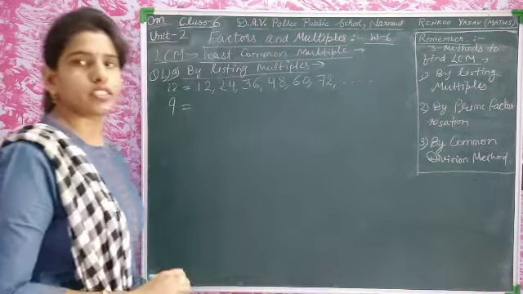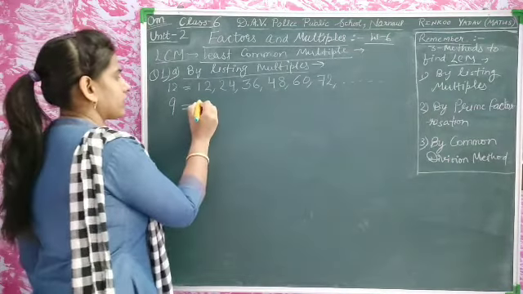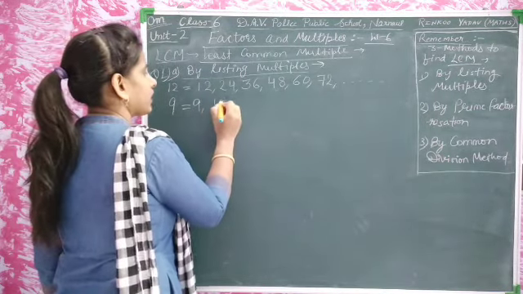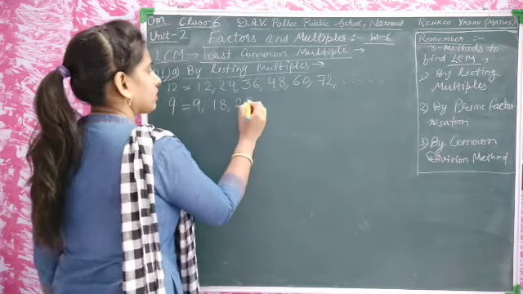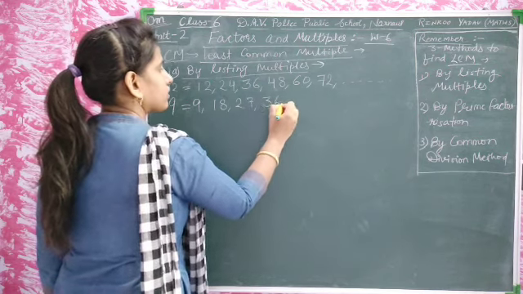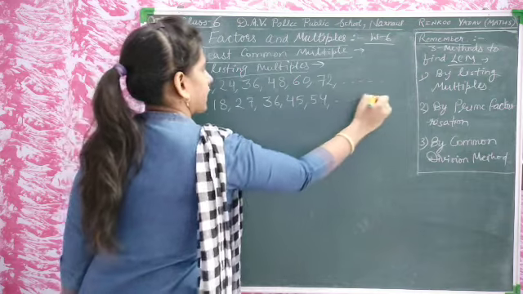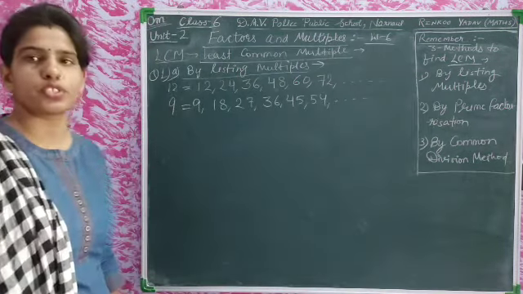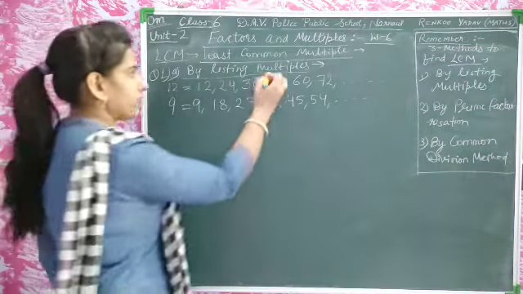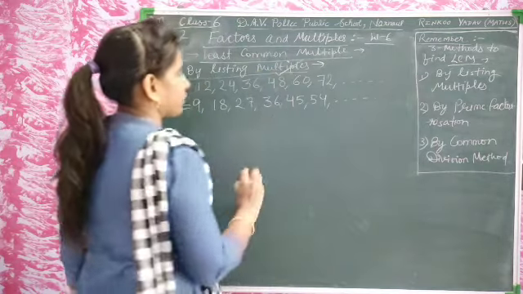Is this clear, students? Now we write down the multiples of 9: 9 2s are 18, and do it like this.